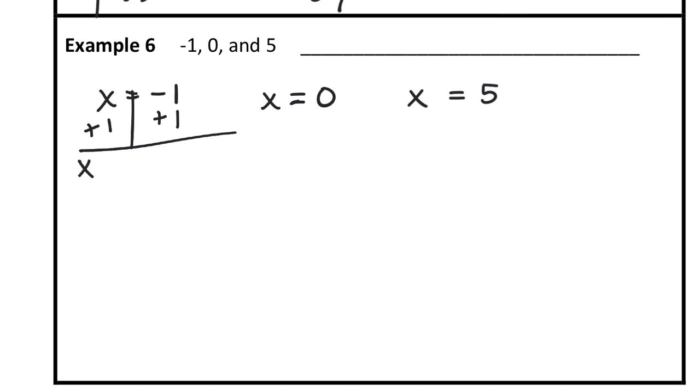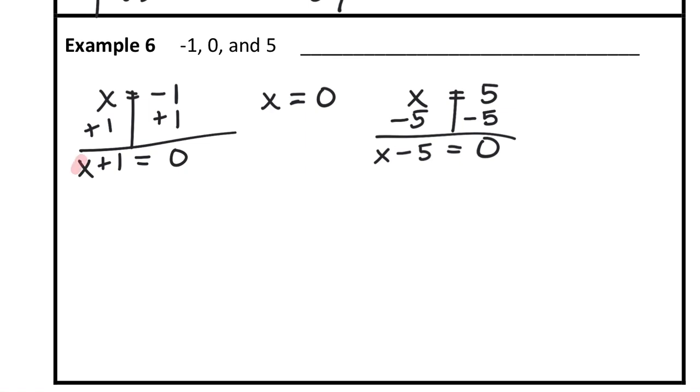It's going to give me x plus 1 equals 0. And then on the far right, the opposite of positive 5 is negative 5. Subtract 5 on both sides. That gives me x minus 5 equals 0.